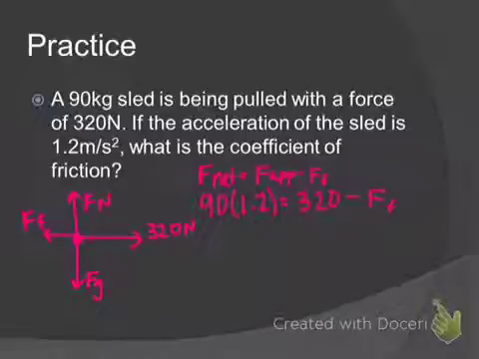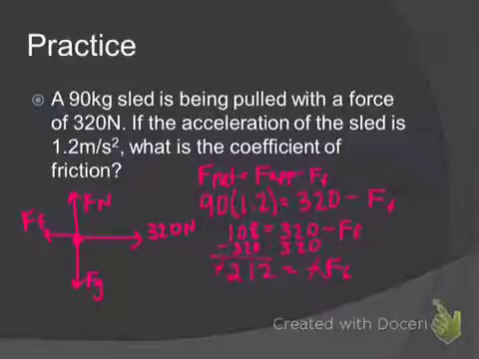90 times 1.2 minus 320 gives us what value? Okay, so if I take 90 times 1.2, I get 108 equals 320 minus the frictional force. I'm going to subtract that to the other side, and I get negative 212 equals negative frictional force.